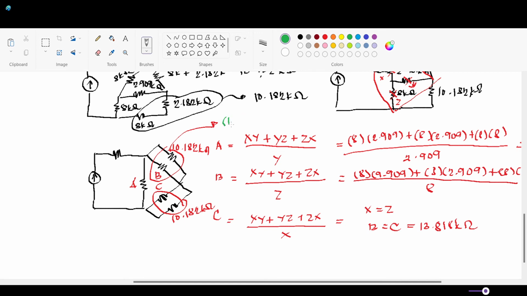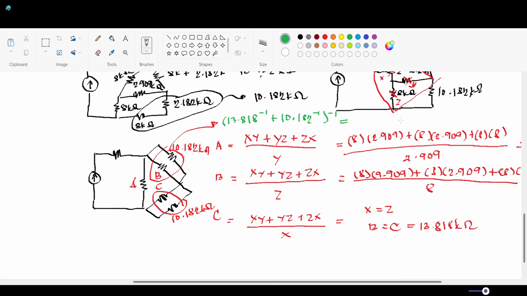This is 13.818 raised to negative 1 plus 10.182 raised to negative 1, all raised to negative 1. And since B and C are the same, our value here will be the same.